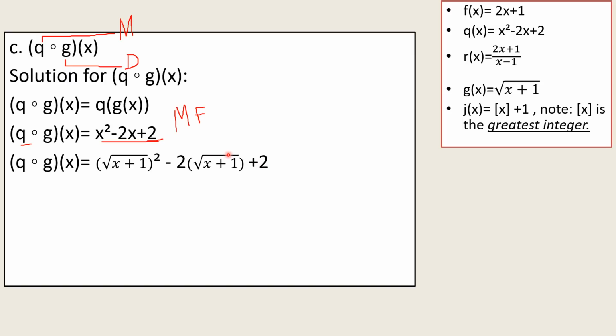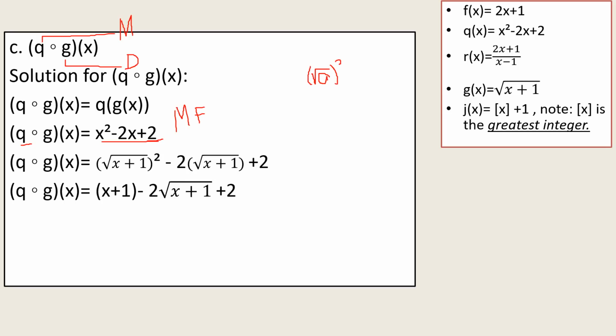Okay ba yun? After natin malagay yung second function sa lahat ng x ng q, next na is to simplify. Okay? Paano po nangyari ito? Unahin muna natin itong term. Kasi tatlong terms yan. First term, second term, then the constant last term. Unahin natin itong first term. Diba? Sa rule ng may radical sign, for example, square root of a, tapos naka-square yan.